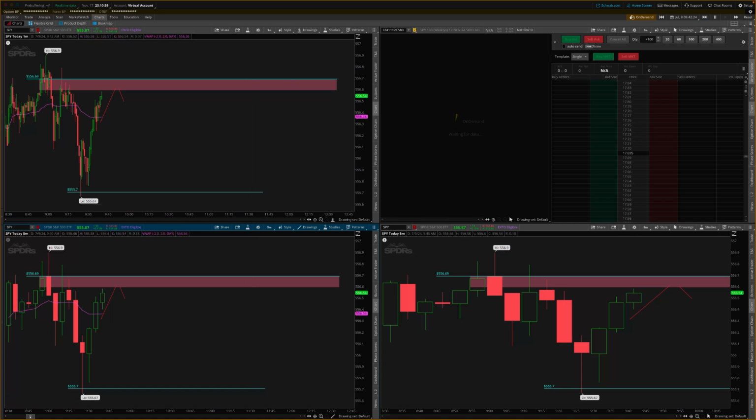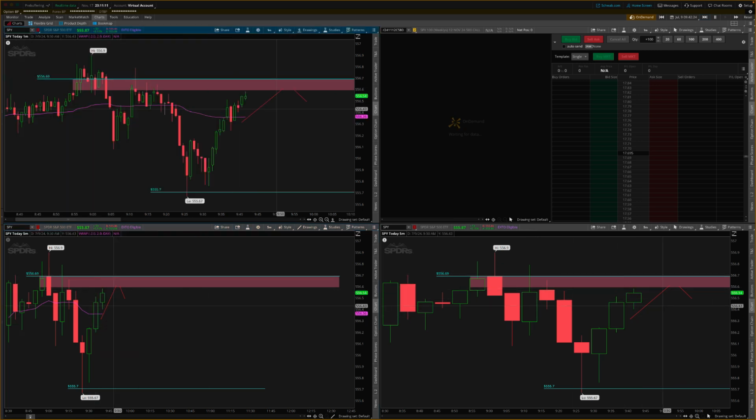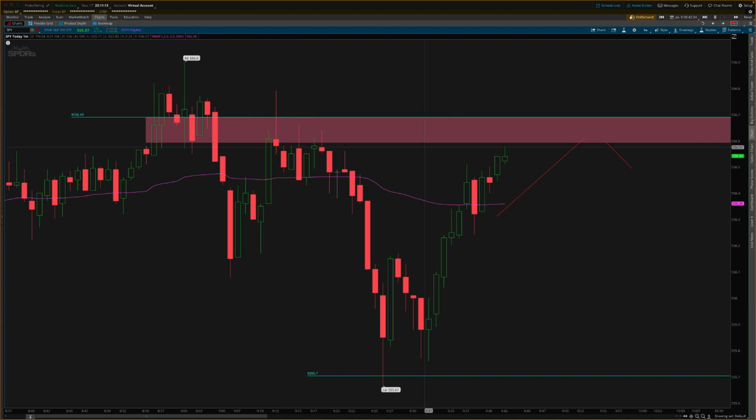And with it doing that, pretty quickly it already did a couple things. So A, it already came back up to tap this area, so we may potentially have a play, may not potentially have a play, but we need it to perfectly, let me zoom in for you, we need it to perfectly come up, tap this area for a zone candle, reversal, confirmation, and an entry. If it does that, great. If it doesn't do that, I do not want to take the play.